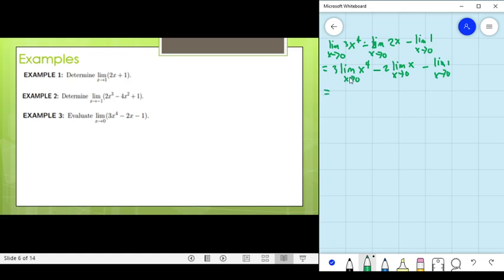Simplifying this, it is similar to 3 times 0 to the fourth minus 2 times the limit, which is 0, and minus 1.